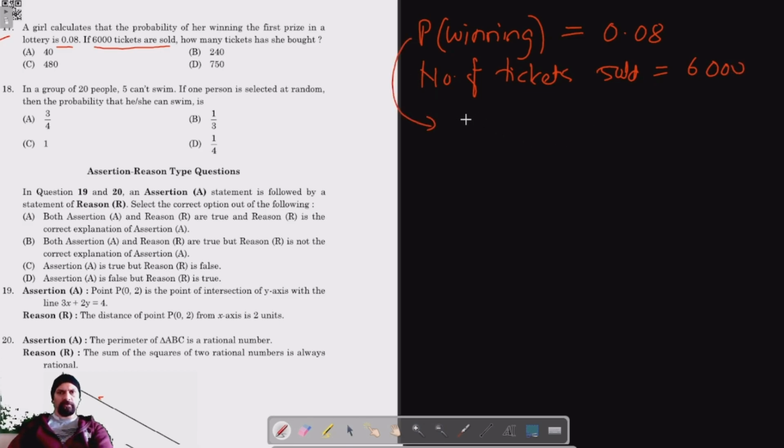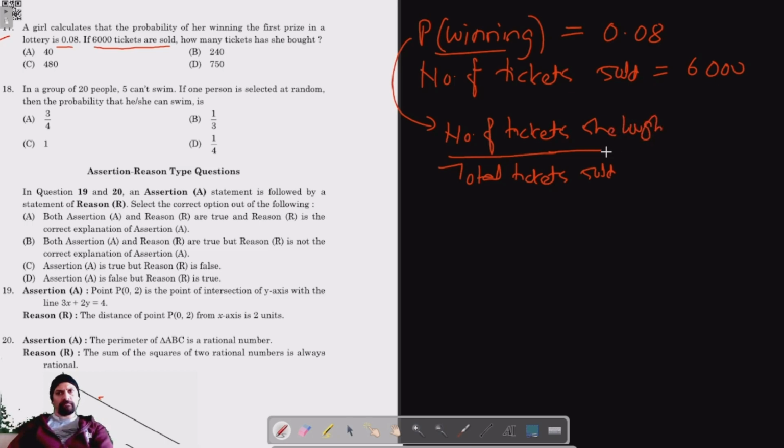Now, how do we find the probability? The probability of winning should be the number of tickets she bought divided by total tickets sold, and that should give us the probability.